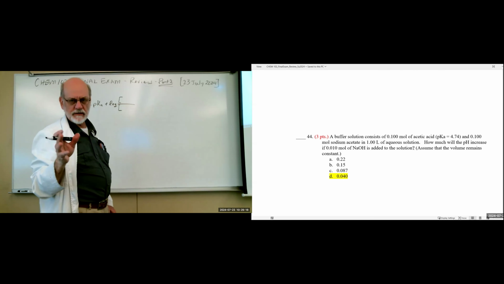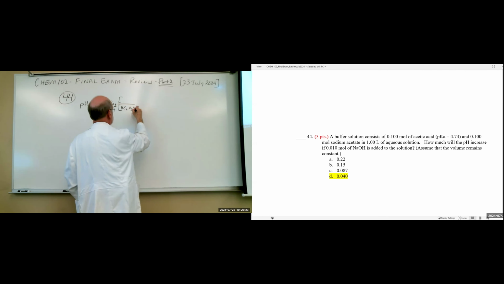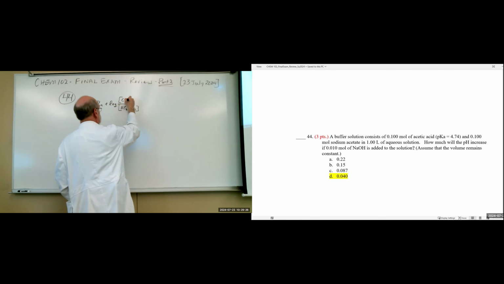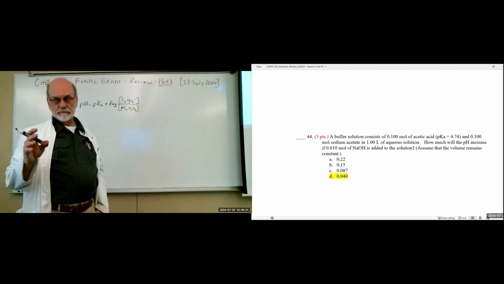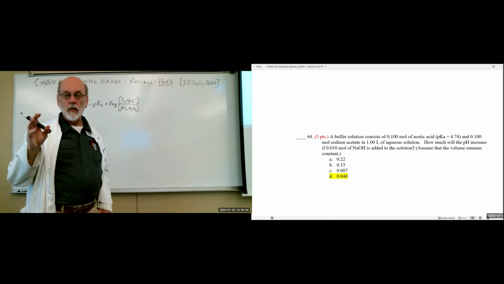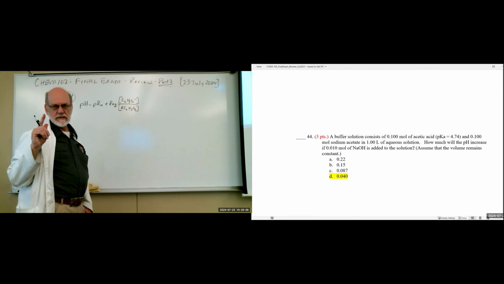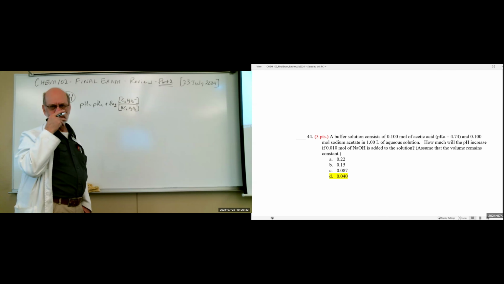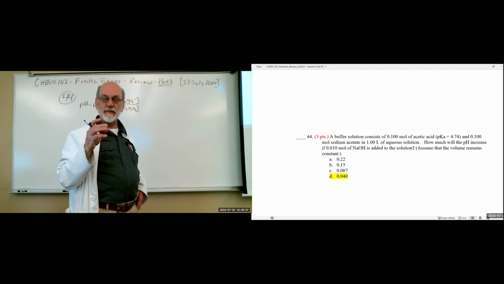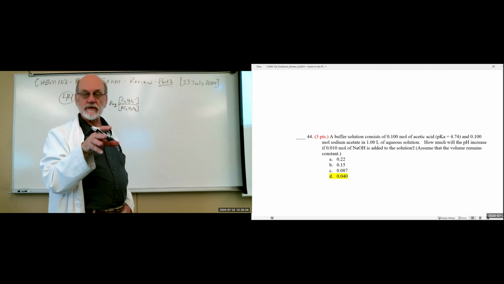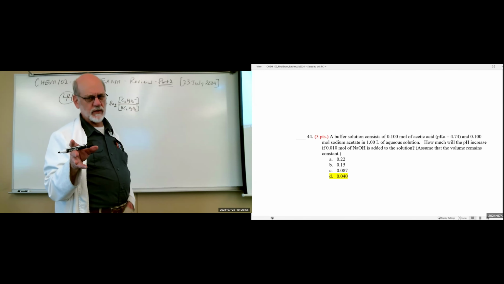So the acid in this case is acetic acid, HC2H3O2, and acetate, C2H3O2 minus. We could calculate the buffer pH based upon the concentrations of acetic acid and sodium acetate, but we're going to add sodium hydroxide to it.